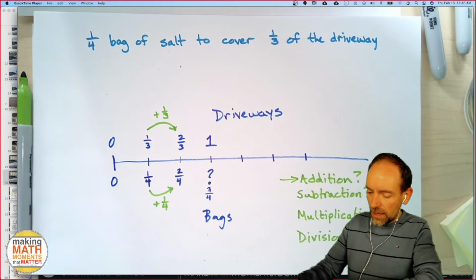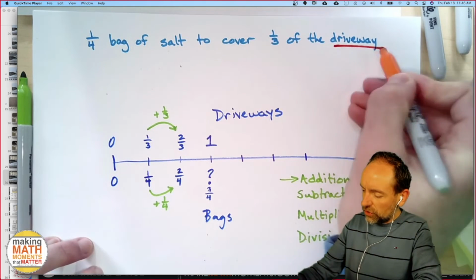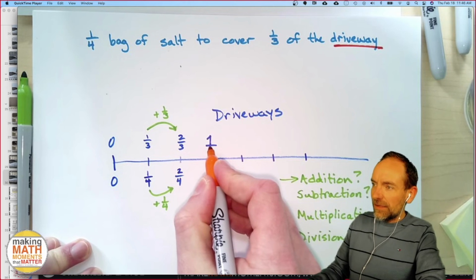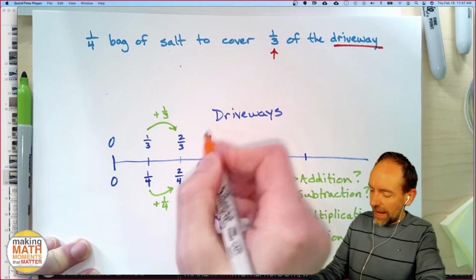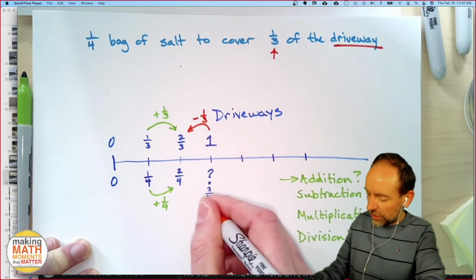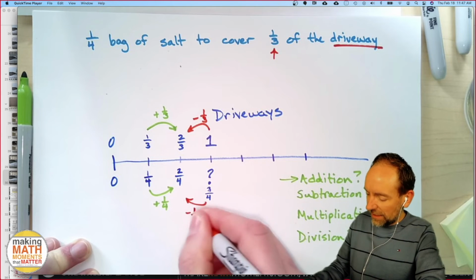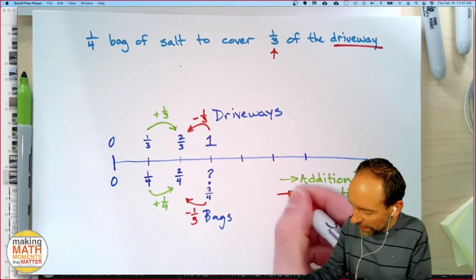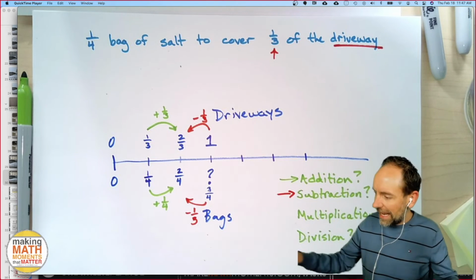And I'm going to use a different color here. So I could have started here and I could have subtracted thirds of a driveway, right? So of course, yeah, it could have been subtraction that I used as my strategy.